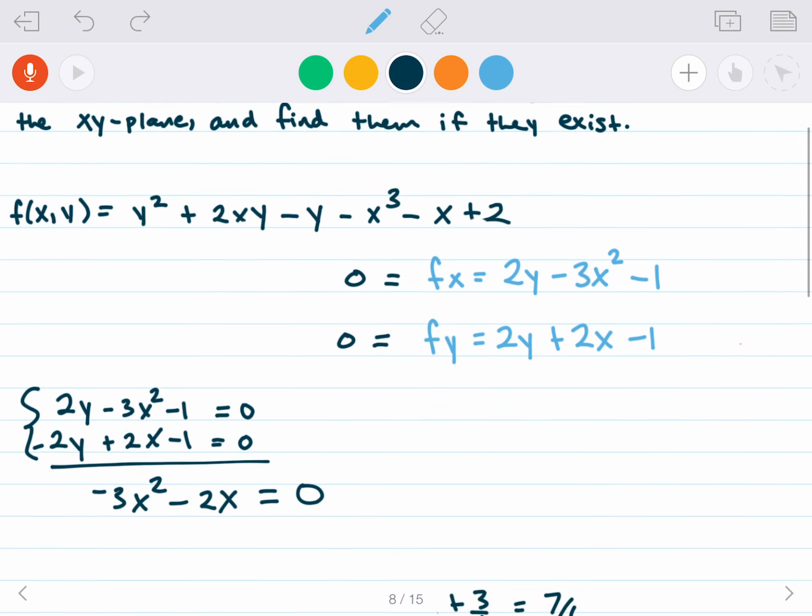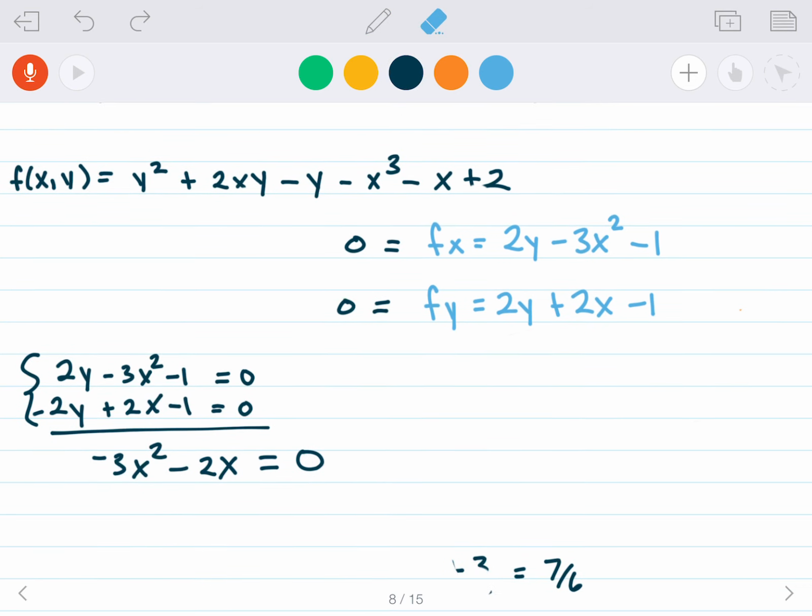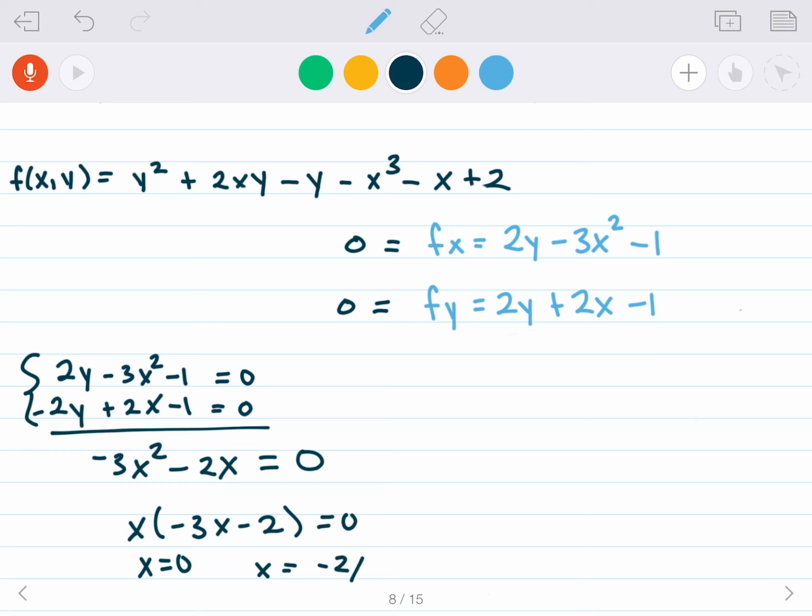Now, at this point, I can factor out an x, and when I do that, I'm left with negative 3x minus 2 equals 0. And then setting each of these factors equal to 0, I get x equals 0, x equals negative 2 over 3. So plugging these back into one of the equations for y, how about this equation, 2y plus 2x minus 1 equals 0.